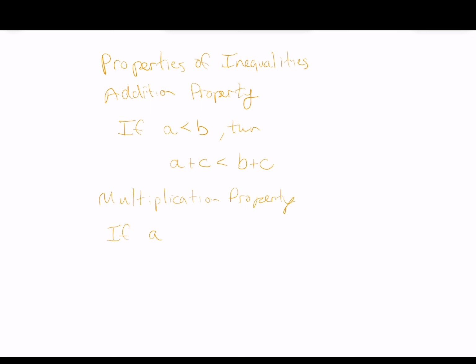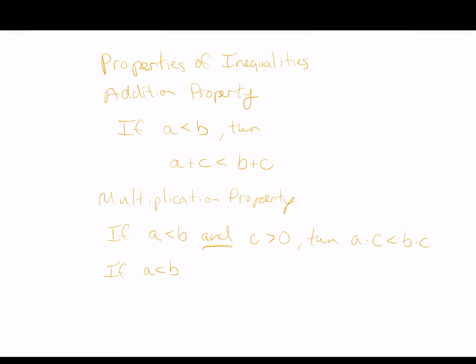So if A is less than B and C is greater than 0, then A times C is less than B times C. You notice we have to have that and there.